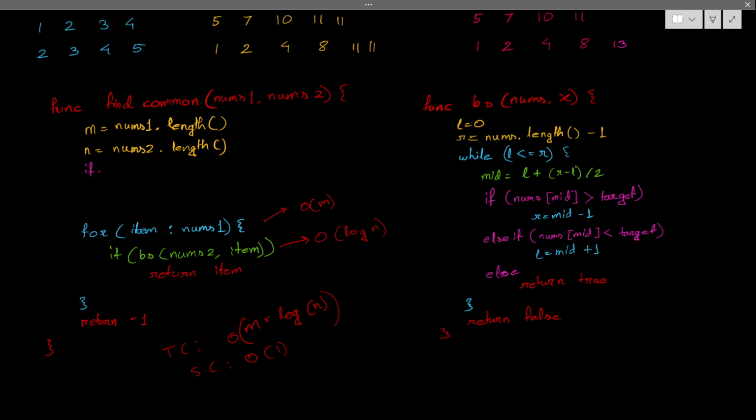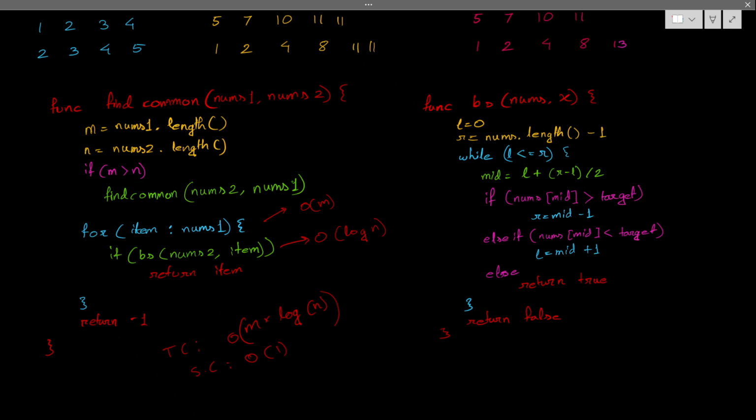If my m is greater than n, I will simply call the same function, find common, and what I will pass, I'll just swap. See, nums1 is the higher element and nums2 is the lower element. So I'm passing the lesser element nums2 comma nums1. So this is what I have to do, just one line.